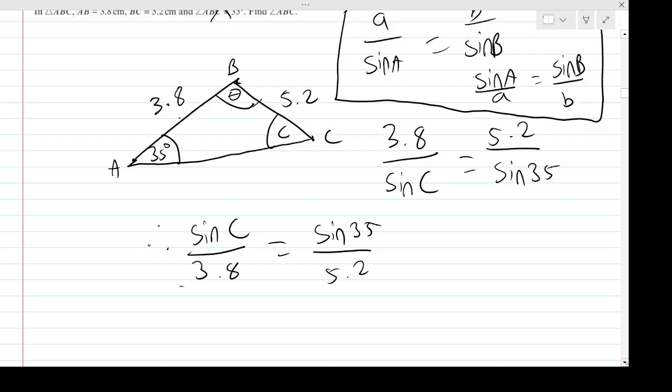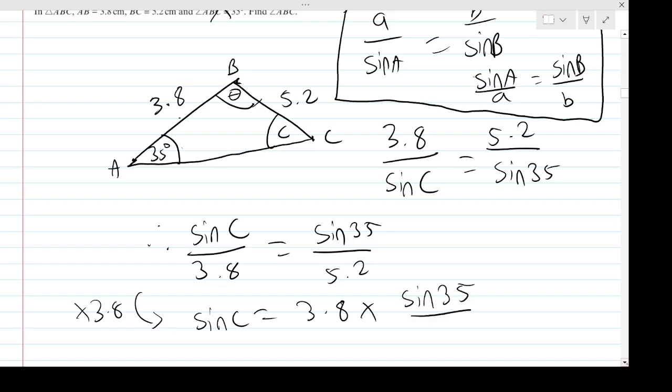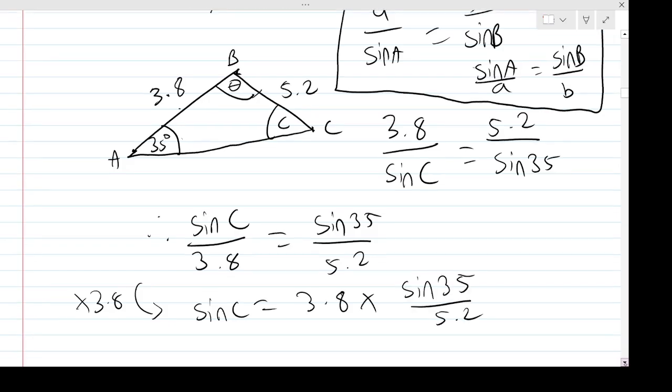What I can then do is times 3.8 to both sides. So I'll just get sine C is equal to 3.8 times this fraction of sine 35 over 5.2. Then I'll put all that in the calculator.